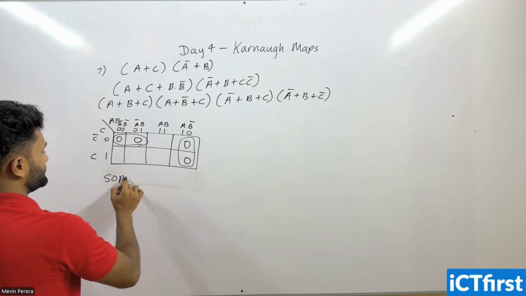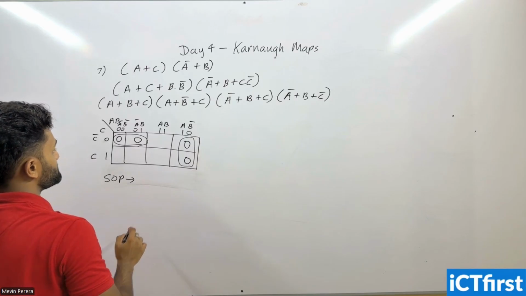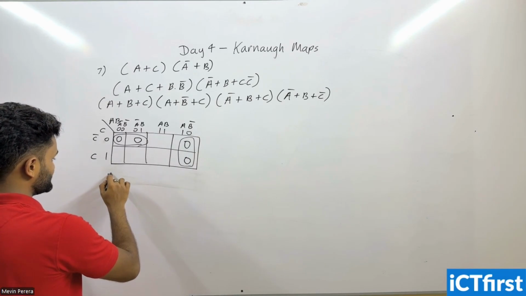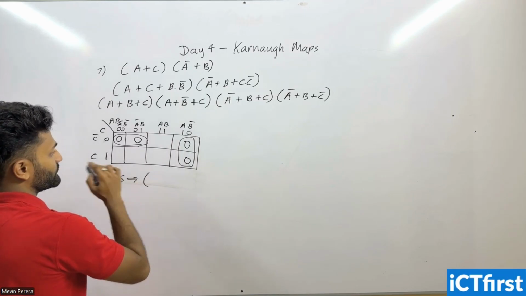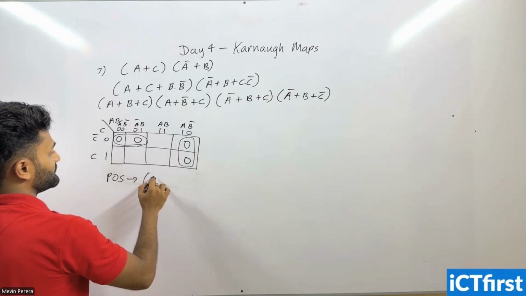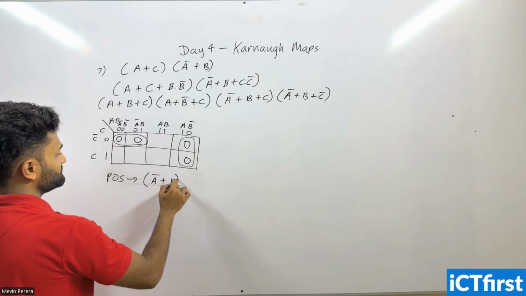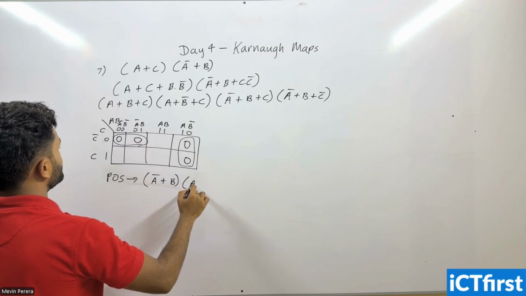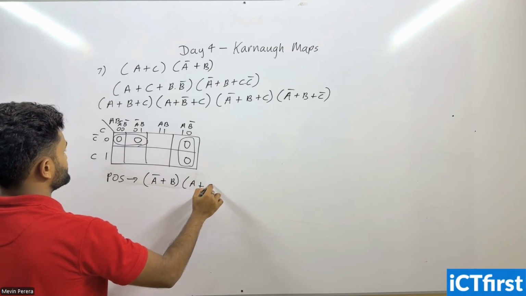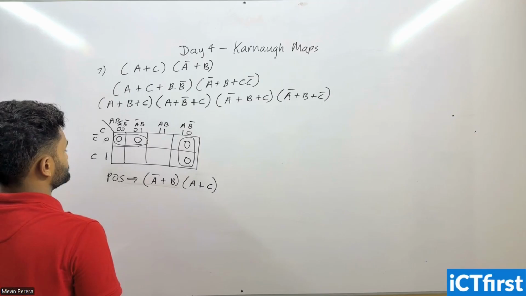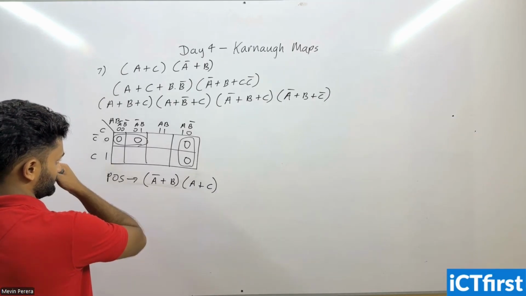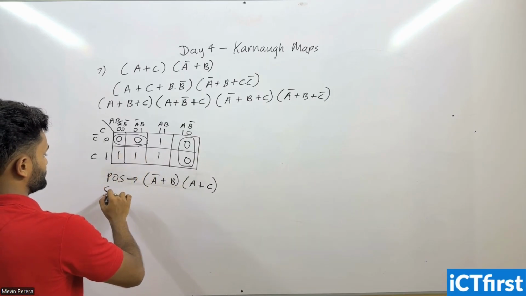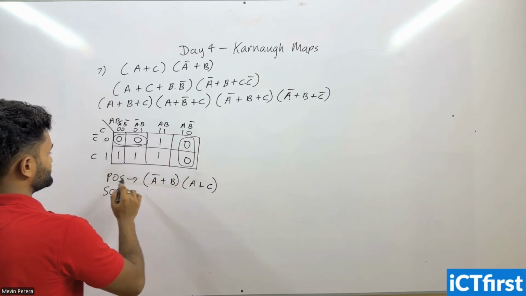Okay, so SOP of this one is, not the SOP, we should take the POS, right? So A bar plus B, A plus B. And we can consider the SOP as well.